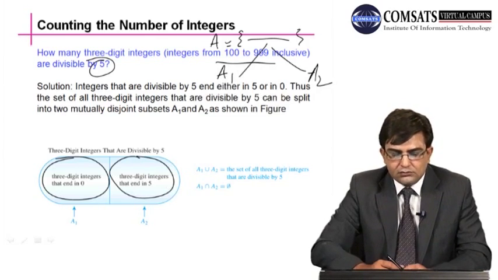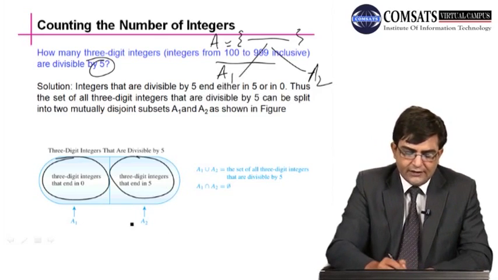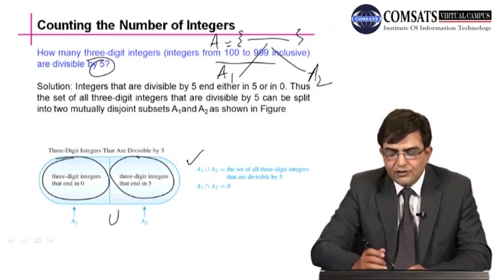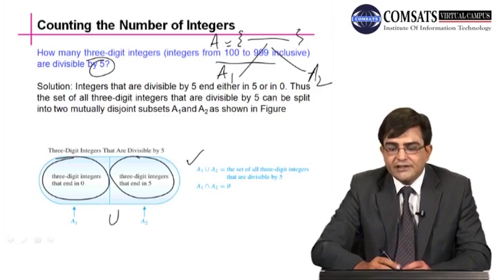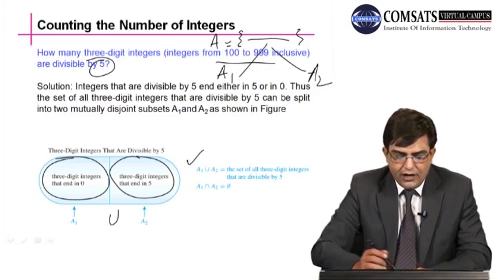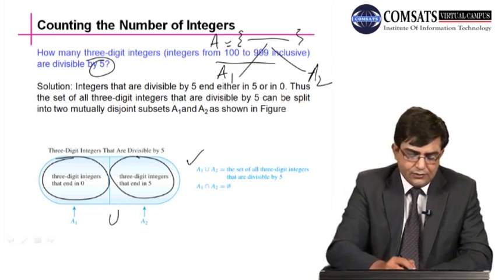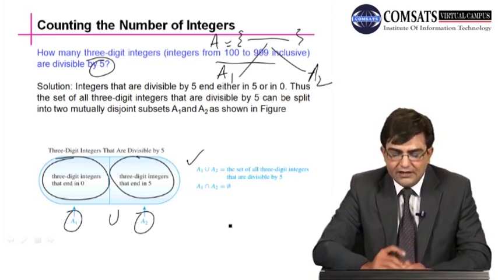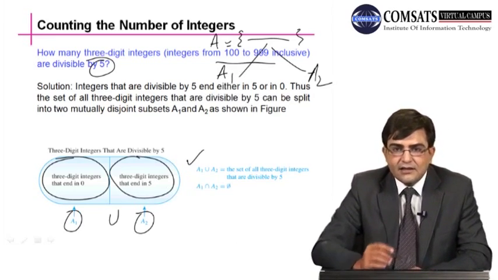Both are subsets of the set A, which contains all the integers from 100 to 999. Now the number of integers which are divisible by 5 is the union of these 2 sets. So we have to calculate A1 union A2, the set of all 3-digit integers that are divisible by 5, and we have to verify that these 2 sets are also disjoint. Mutually disjoint means their intersection is empty.